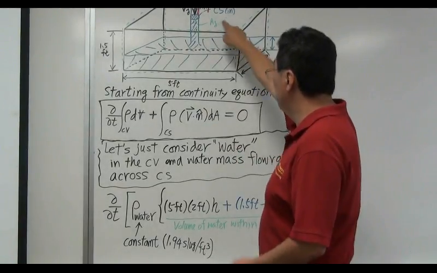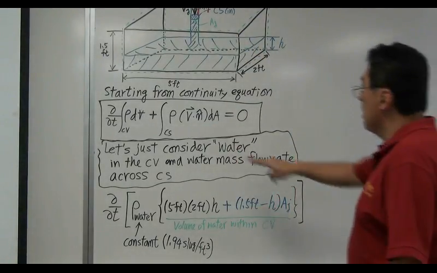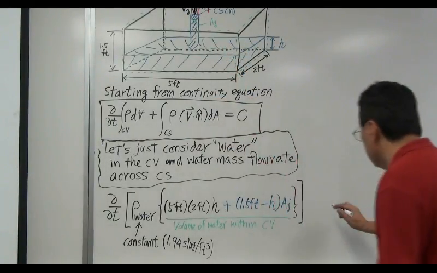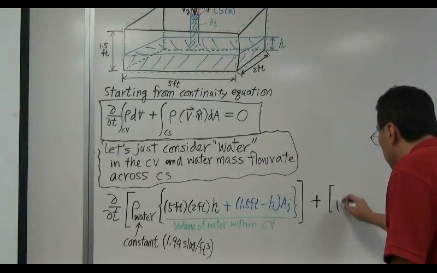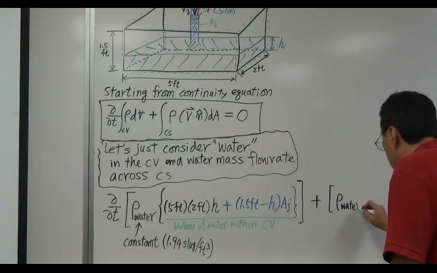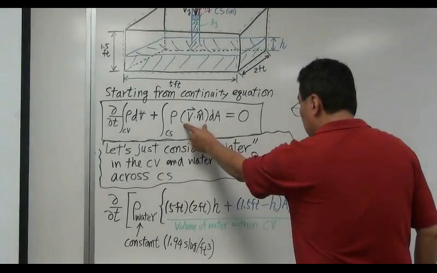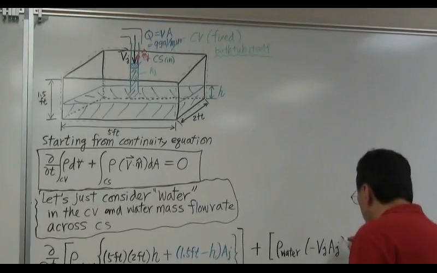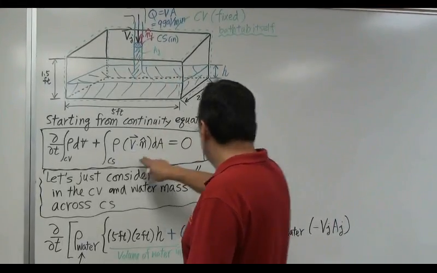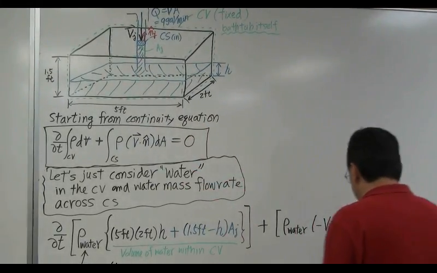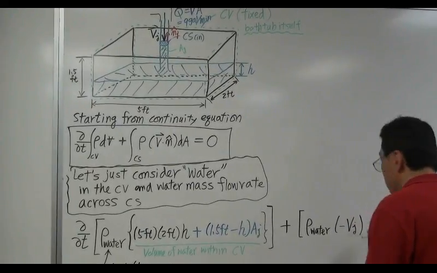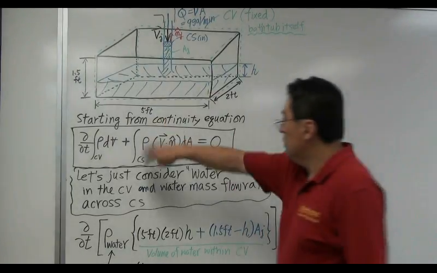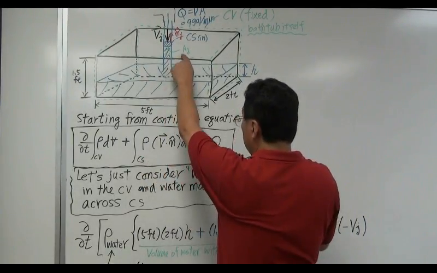This one only has the control surface and n. If you take a dot product of V dot n, it's going to be negative V. This is, of course, the density of water. Taking the dot product gets you negative of V_j, integrated over the area, which is A_j.